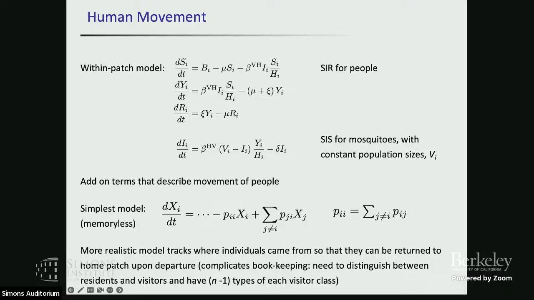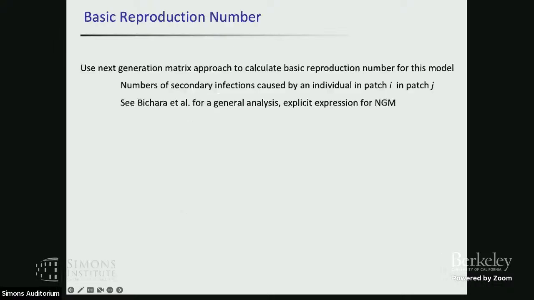And so when they leave patch 2, we send them back to patch 1. So that's like a horrendous bookkeeping exercise because you multiply the number of states by the number of patches that you have to remember. So as I said, for this sort of model, you can calculate basic reproduction numbers. You can use the next generation matrix approach.